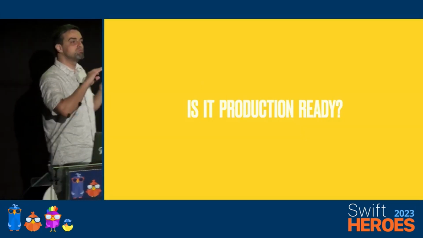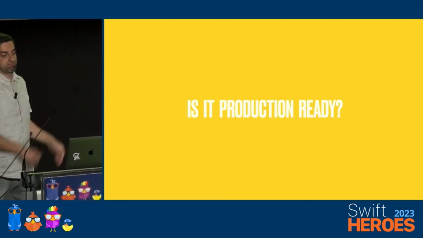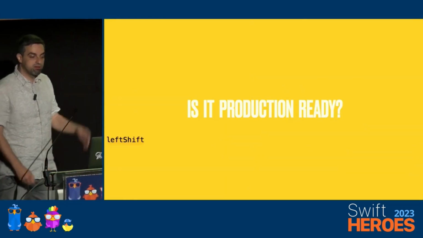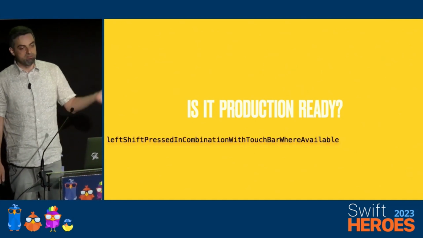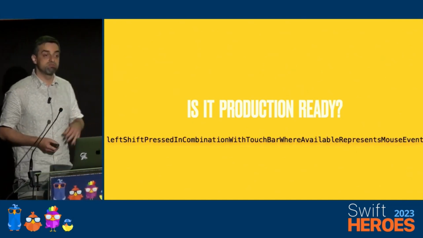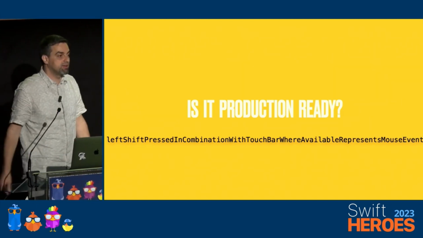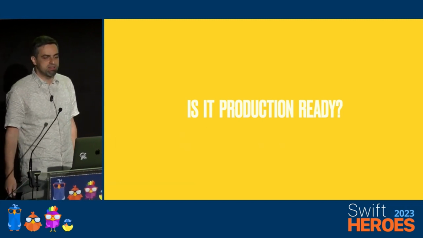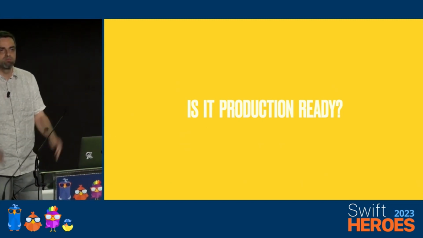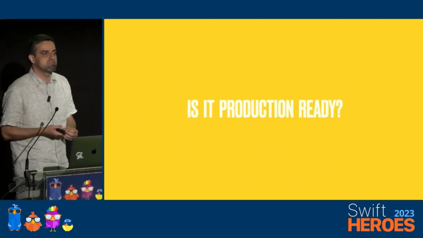And this is the kind of thing that makes people ask, is it production ready? Well, do you remember "left shift pressed in combination with touch bar where available represents mouse events" from way in the beginning? Yeah, Cocoa also has a lot of problems that have been there for decades, but we have workarounds, and this is how we work.